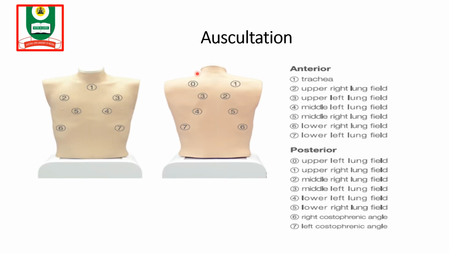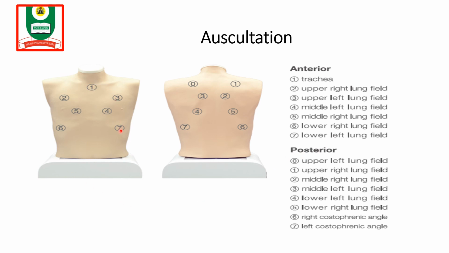Remember, at the beginning of this class, we mentioned that the 4 physical examination techniques follow a sequence in the assessment of certain parts of the body. Let's look at the lung.